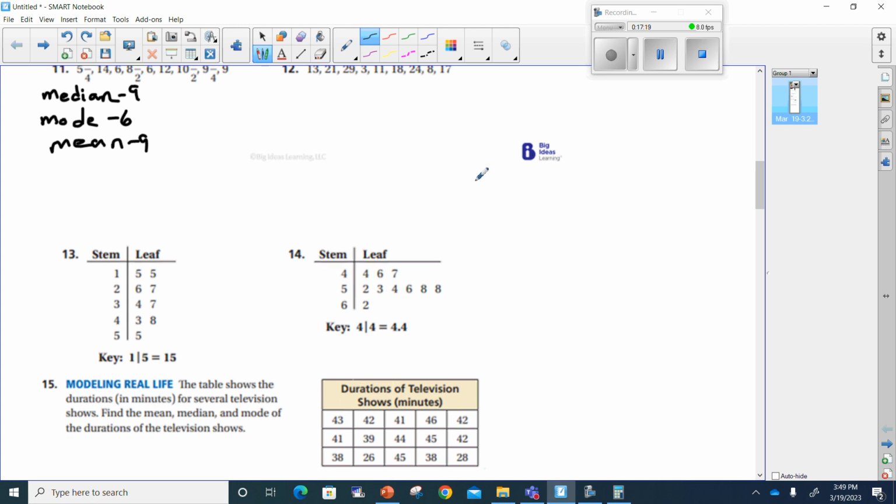First is 1 and 5, so that's 15. And then there's another 1 and 5, so it's another 15. Now we got 2 and 6, so that's 26. And then 2 and a 7, so that's 27. We got a 3 and a 4, 34. And then a 3 and a 7 for 37.